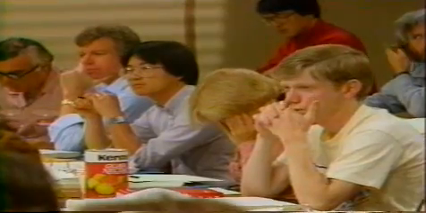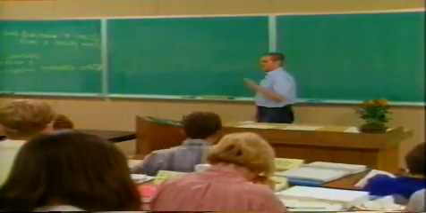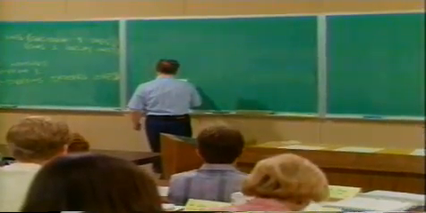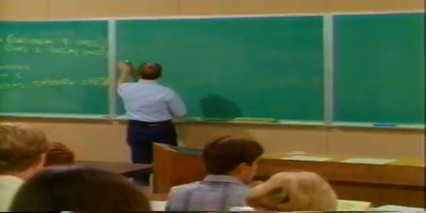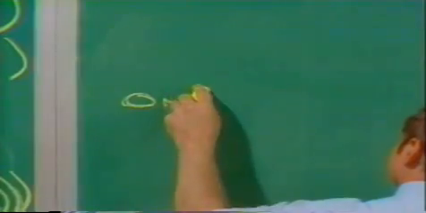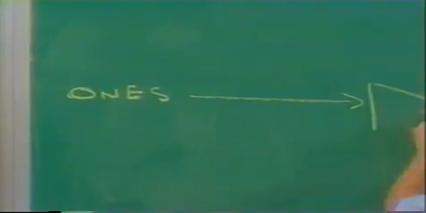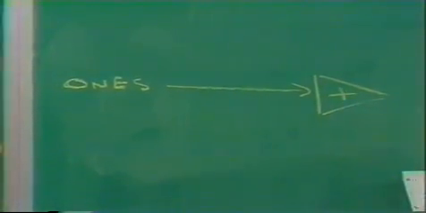Okay, let me draw a picture of that integers thing, because it still maybe seems a little bit shaky. I've got this stream of ones, and that comes in and goes into an adder. That's going to be this add-streams thing.